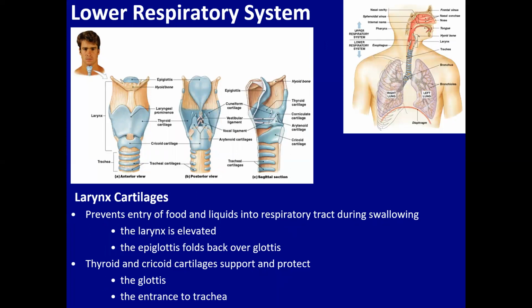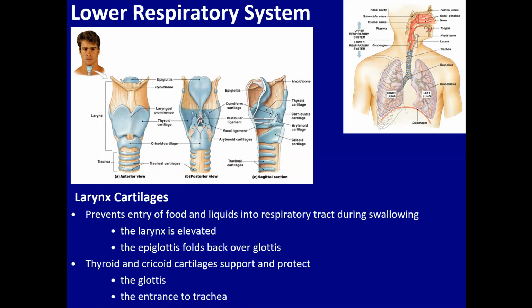Your lower respiratory system, we're going to start with talking about your laryngeal cartilages, the cartilage of your larynx. The purpose of these cartilages is to keep the foods and liquids that you swallow from entering your respiratory tract.